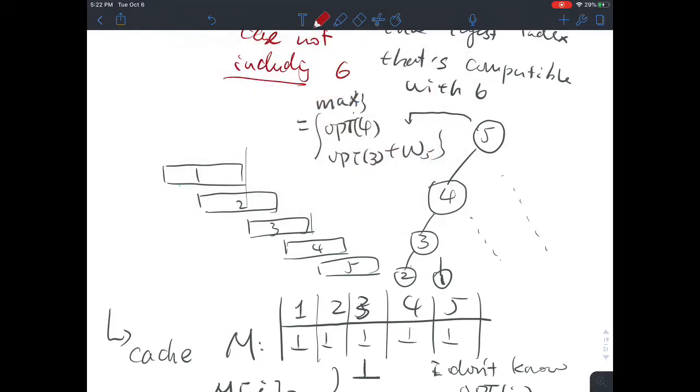I'm basically executing this tree. I need to first find the solution here, and before I find it, my branching the other way hasn't been expanded. So I'm only expanding the recursion tree along one direction.